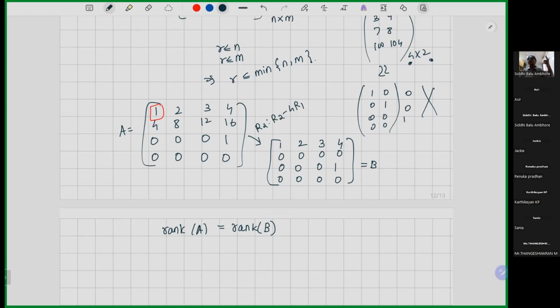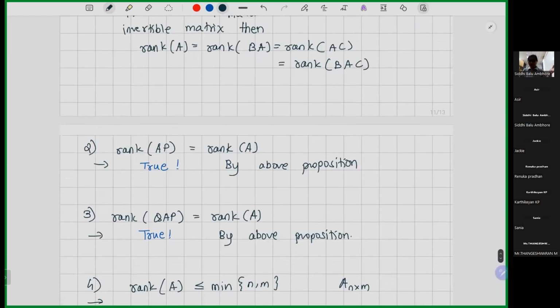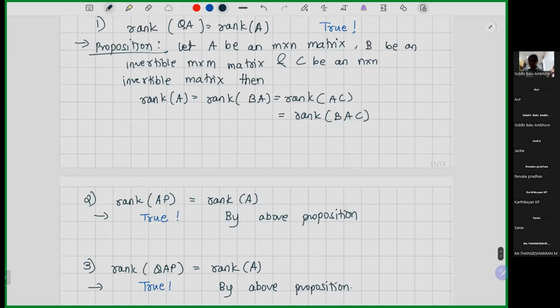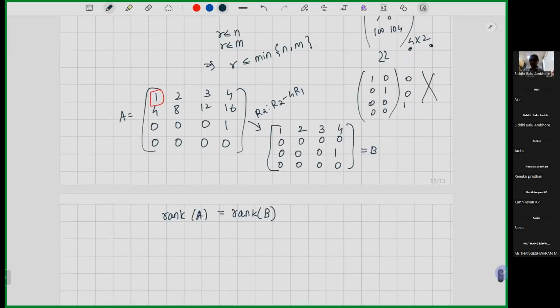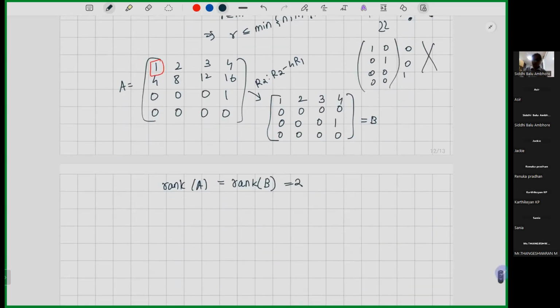So by the proposition which I wrote about the matrices, using this proposition, I get that the rank of A is equal to the rank of B, which is 2. And just because I had one of the rows 0 here, I can't conclude that it is 3.